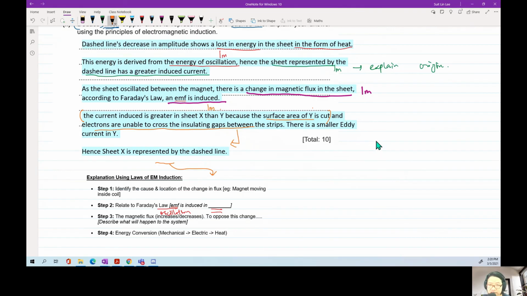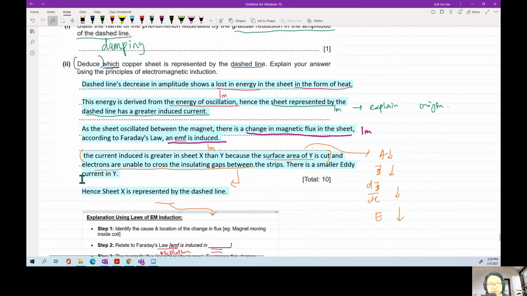So when the surface area is cut, area decreases, flux decreases, the dΦ/dt decreases, EMF decreases. So everything decreases. That's why there's a smaller eddy current in Y. So I tried to link this here, which is understandable. You don't have space to write everything. That's what I would suggest you write.